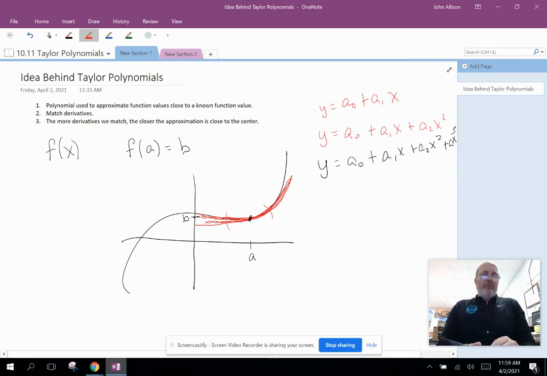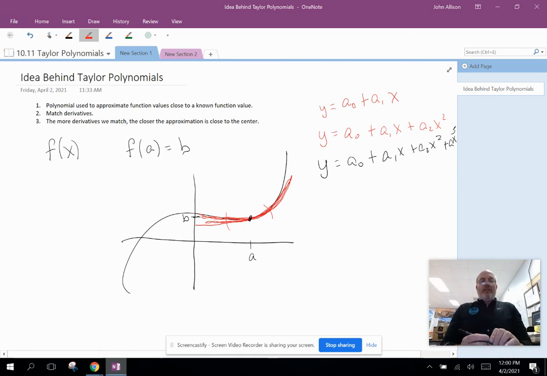But one thing is neat: if we can find a pattern for those functions that have an infinite number of derivatives, like 1 over 1 minus x, e to the x, cosine x, sine x, and we could match those infinite number of derivatives, we actually find a polynomial expression of infinite degree that gives us exactly the value of that function, centered at the known point on the graph.